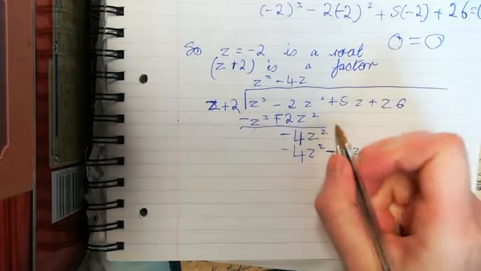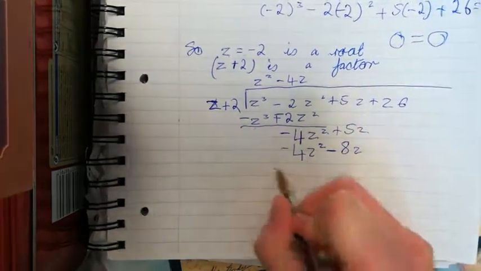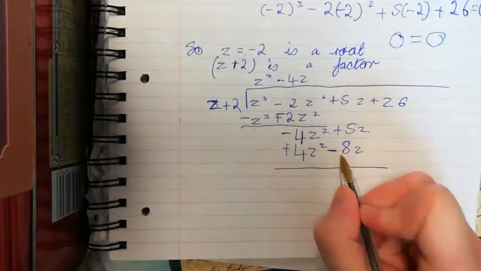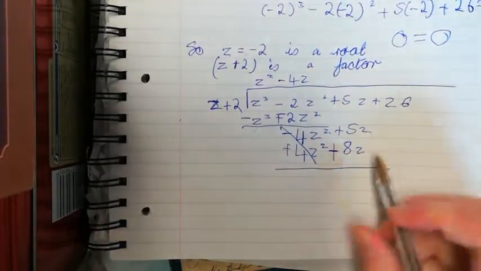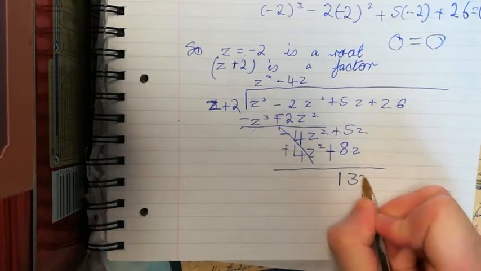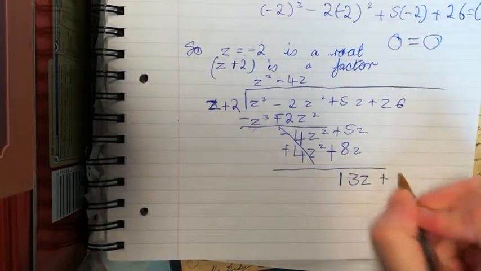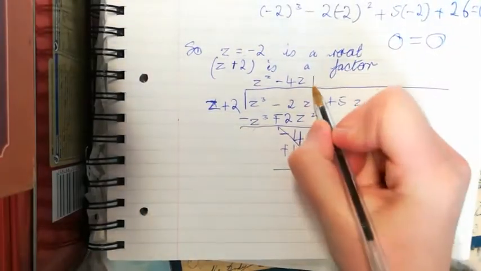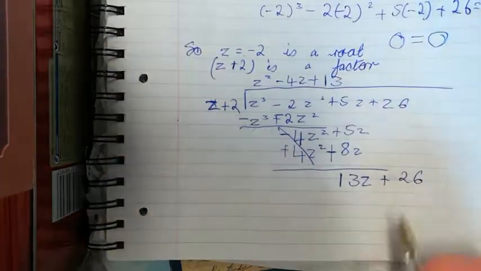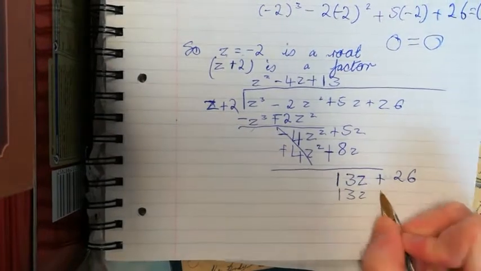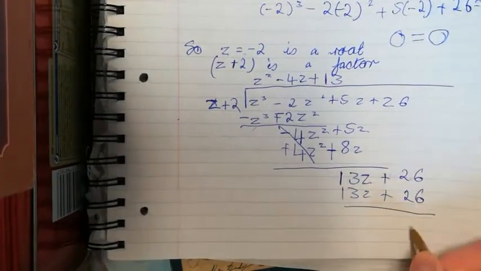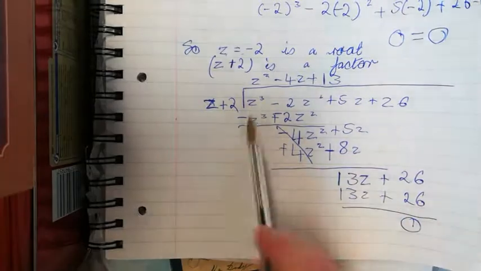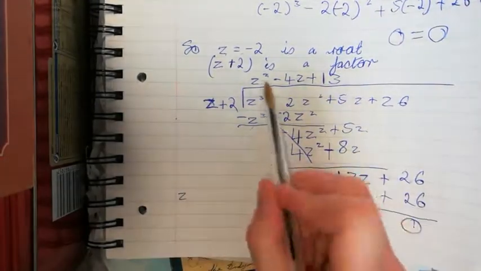I'll bring down my plus 5z here. Then I minus the second line, so I'll change the signs of everything, so they'll cancel. I'll be left with 13z, and I'll bring down my 26, and then z into 13z goes 13 times, so 13z plus 26. So this is my other factor.